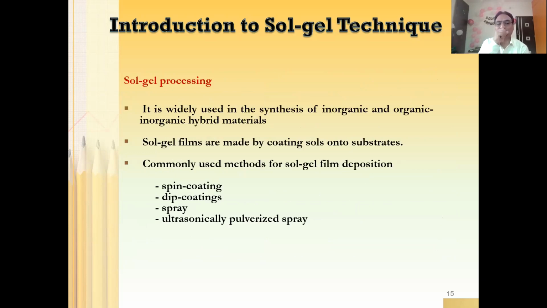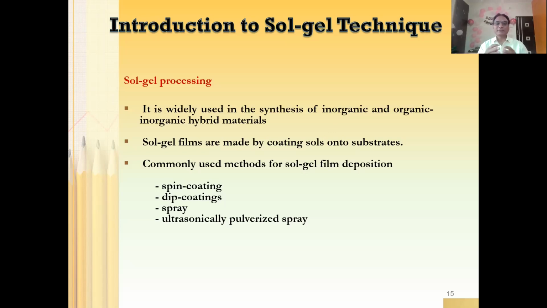Sol-Gel is widely used in the synthesis of inorganic and organic hybrid material, since it is cost effective and doesn't require any infrastructure. Sol-Gel films are made by coating sols onto a substrate.